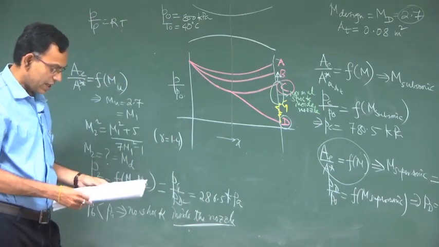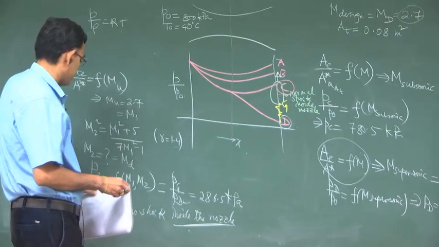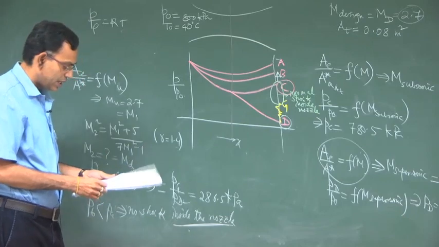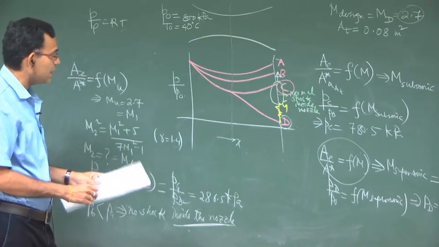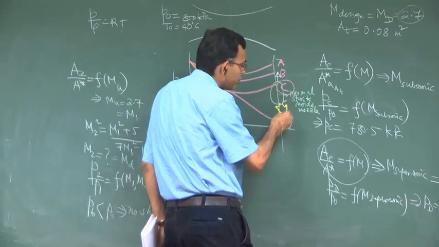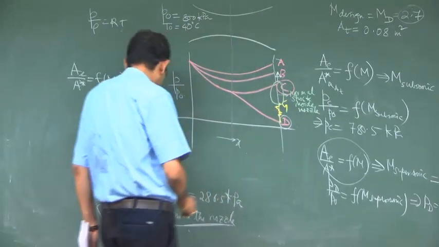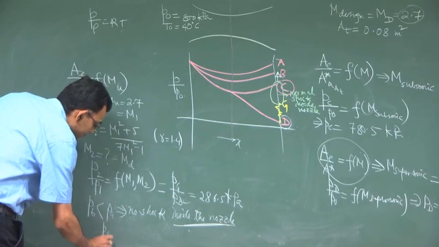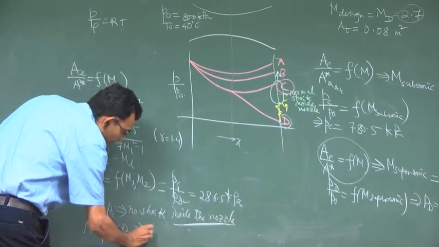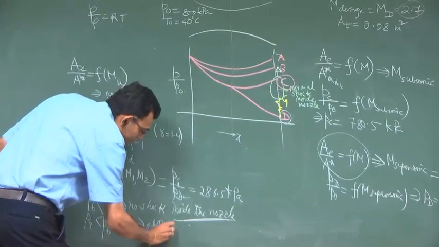Okay. Then the next question is question number 7. What is the range of back pressure for which there is oblique shock at the exit? So, if the pressure is between G to D, there is oblique shock at the exit. So, Pb between Pg to Pd, oblique shock at the exit.